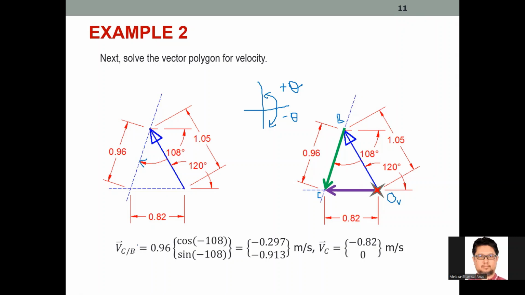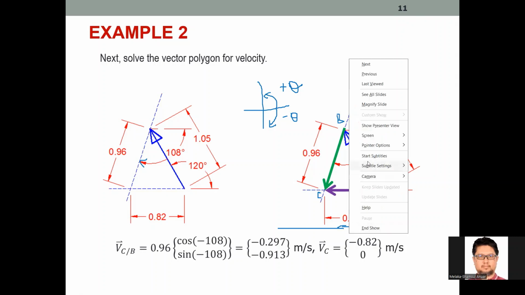And if you take the magnitude for this vector using root sum square, you should get VC equals negative 0.82. So negative 0.82 meter per second is to the left. To the left.